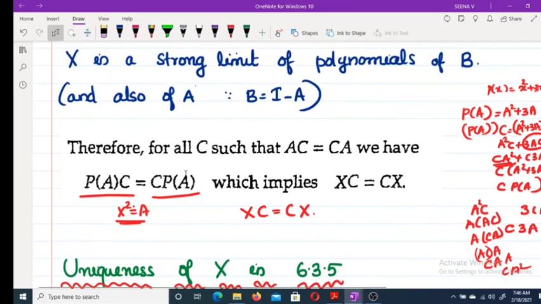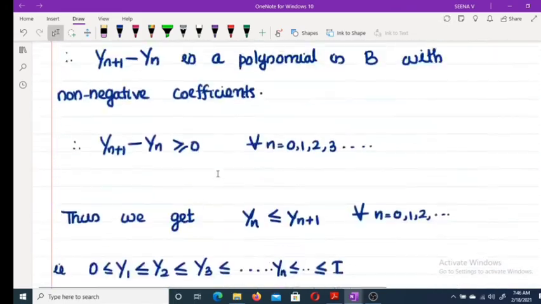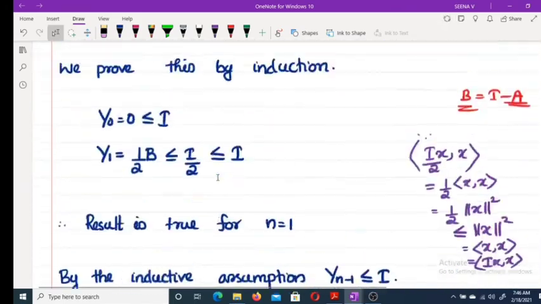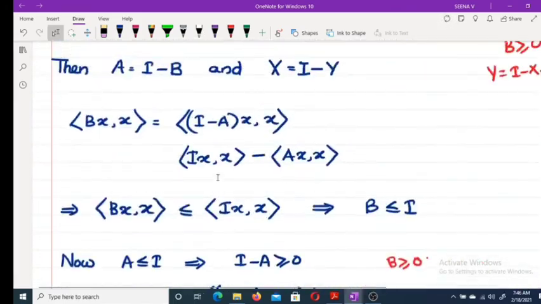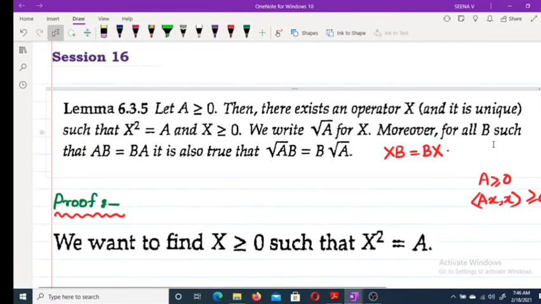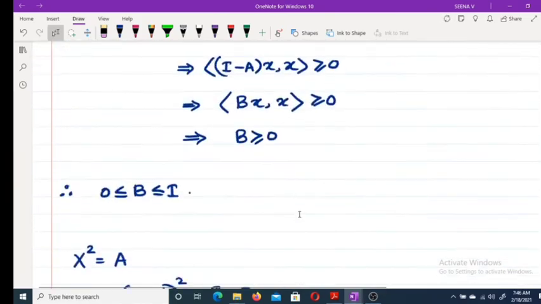Now, actually what we have to prove, we have to prove for any b such that ab equal to ba, it is true that root a b equal to b root a. Therefore xb equal to bx. Hope it is clear.